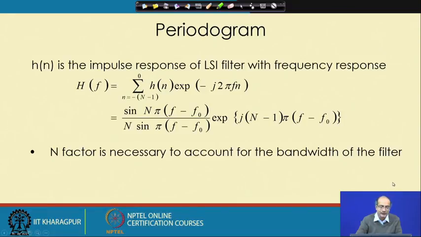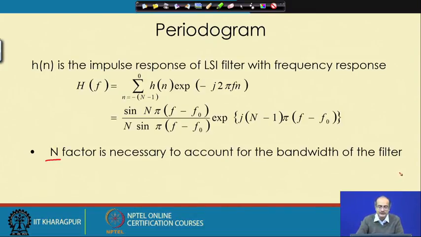The term N, that capital N which gives the number of samples, is necessary to account for the bandwidth, that is, how wide or narrow the bandpass filter would be.